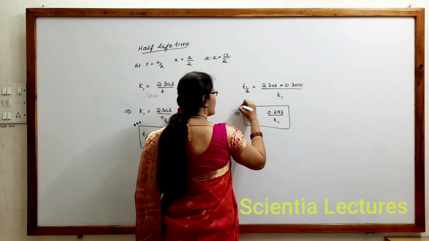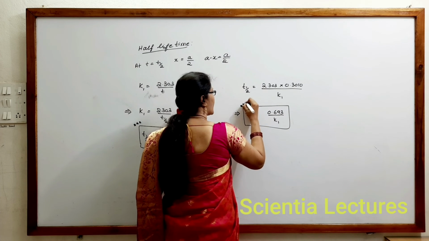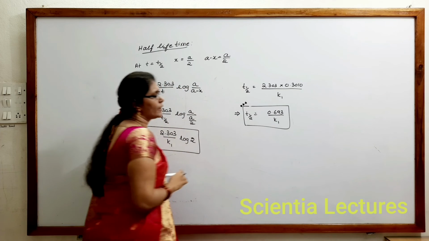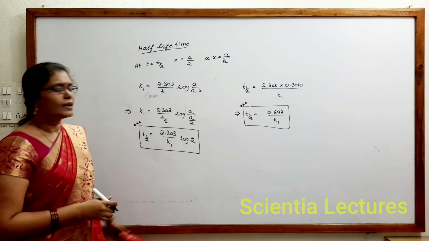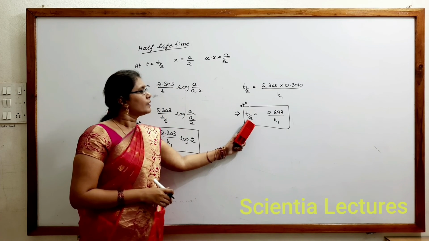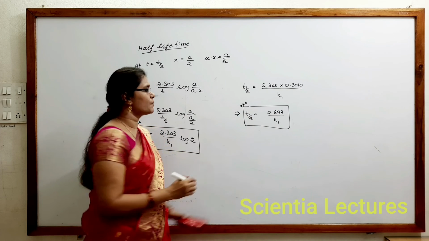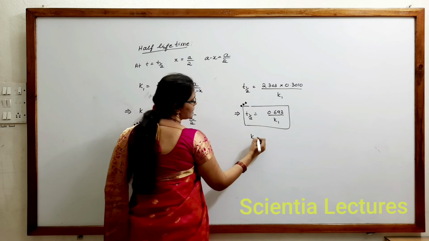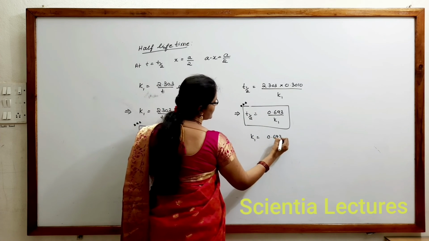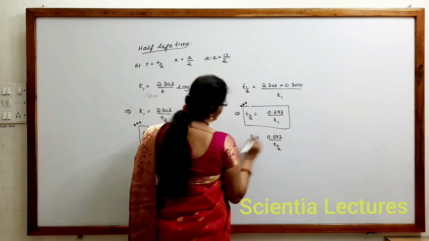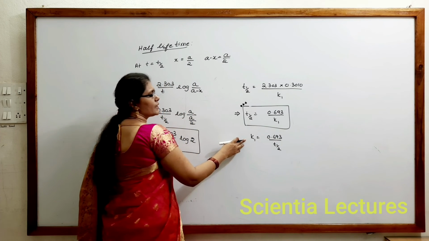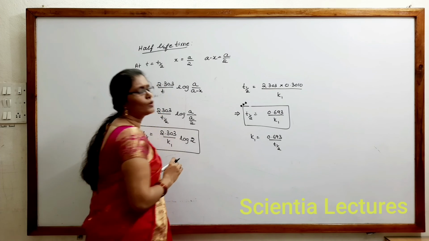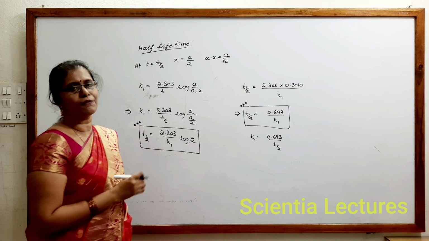So what is T half? In the problems, if the rate constant is given, you can calculate T half, or if T half is given, we can write K1 must be equal to 0.693 by T half. You can remember that the rate constant is inversely proportional to the time period, or T half here.